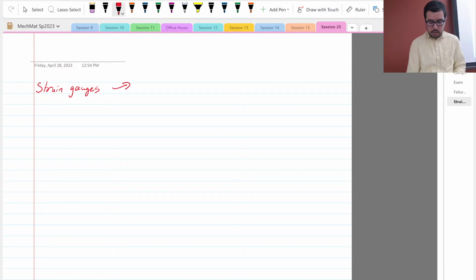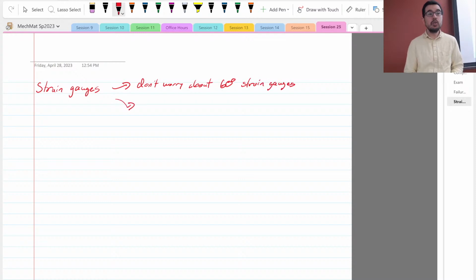Don't worry about 60-degree strain gauges. I think you do know how to do 0, 45, 45 strain gauges, and you can do the transformations.